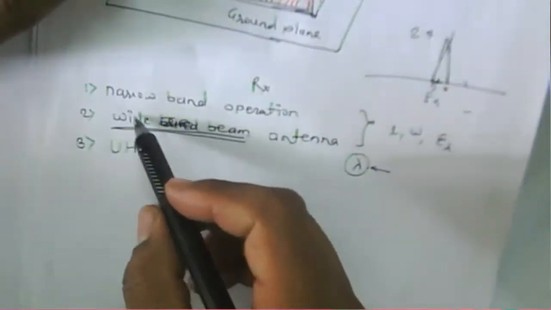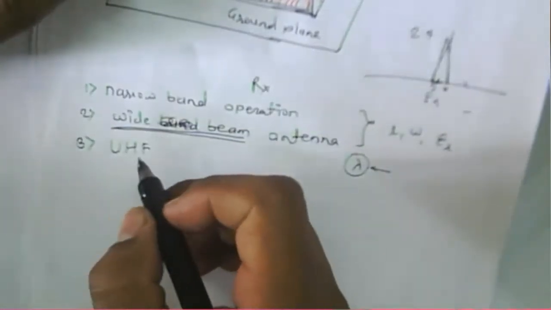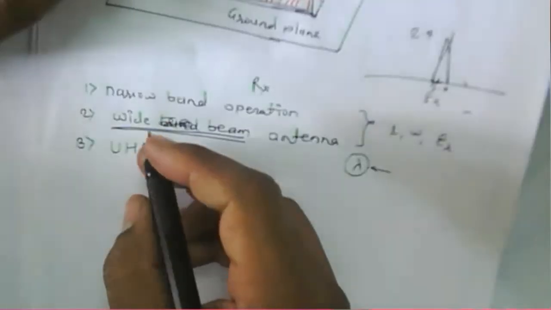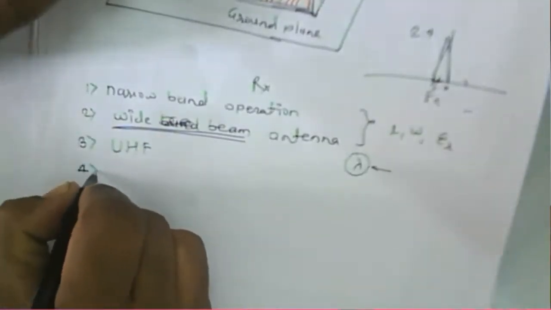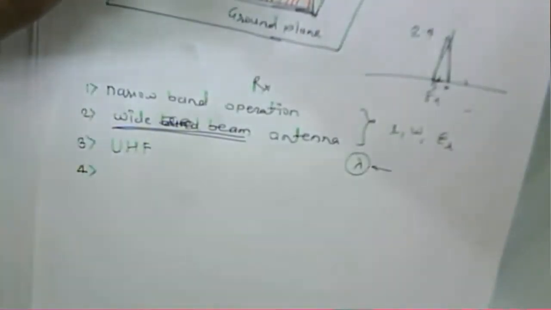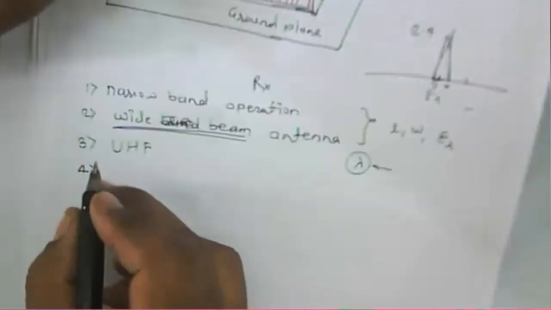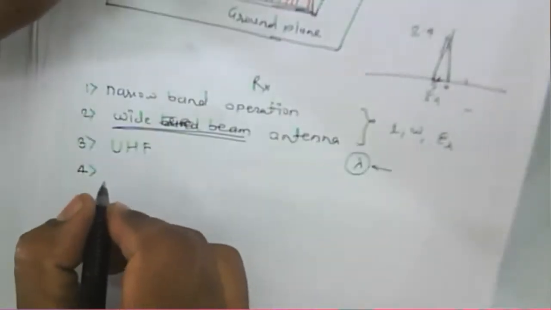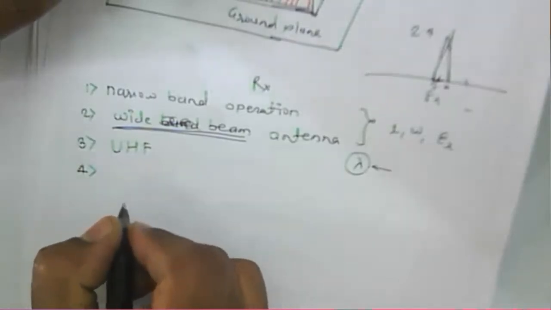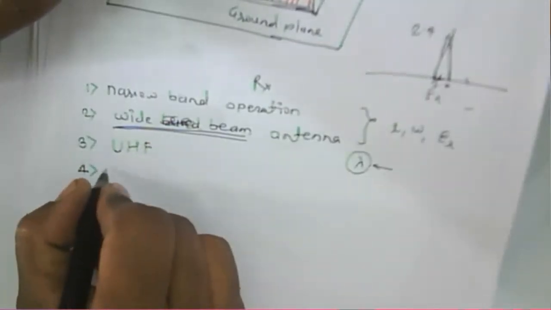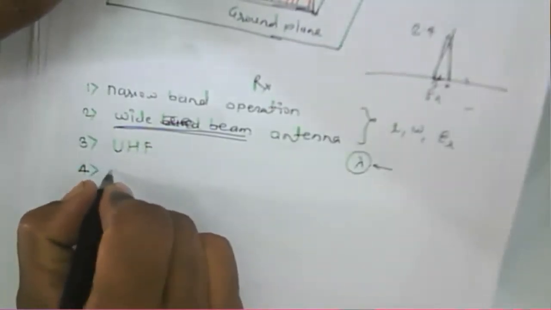That's why this type of antenna will work for higher frequencies. Then again, it can be used to give maximum directive gain. For a single patch, it provides a maximum directive gain.